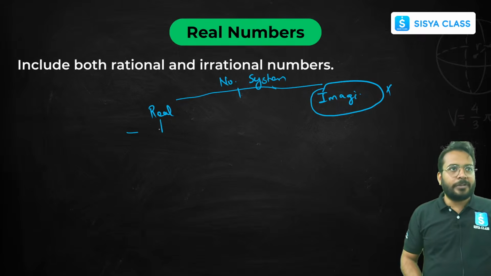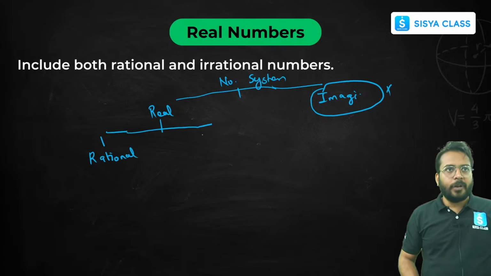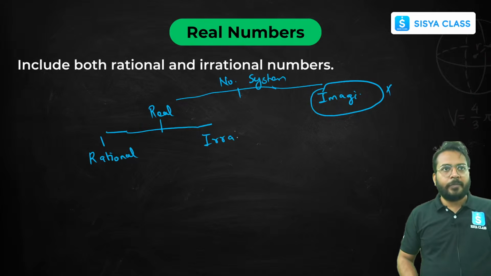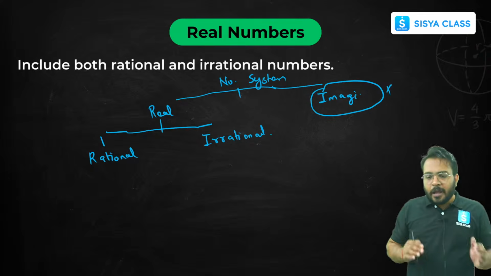Real numbers are again categorized into two parts, that is rational and irrational numbers. Now what are rational numbers?